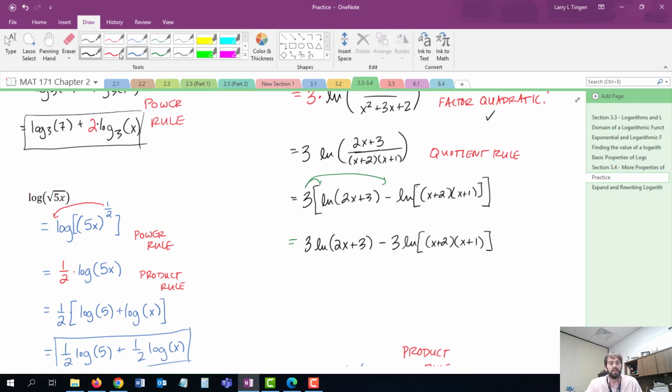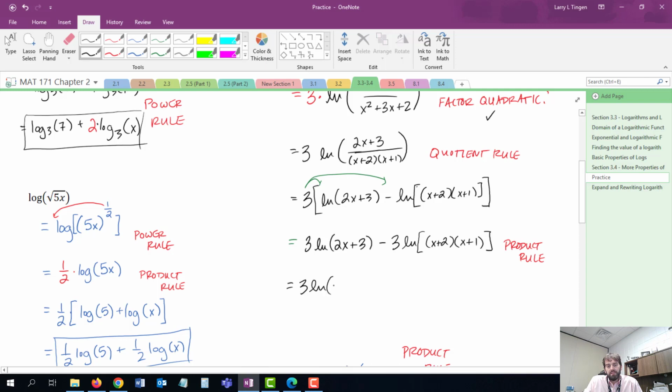All right, well, I just kind of gave away the next step. How was I checking before if I was done? On the inside of the first log, there's no multiplication, there's no division, there's nothing raised to a power. This one's done. Over here, I do have multiplication on the inside, so this is the product rule, which is going to come out to play.